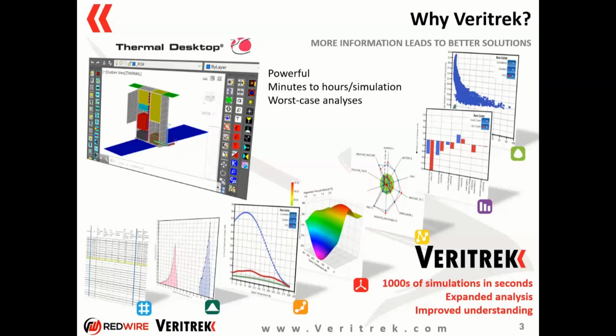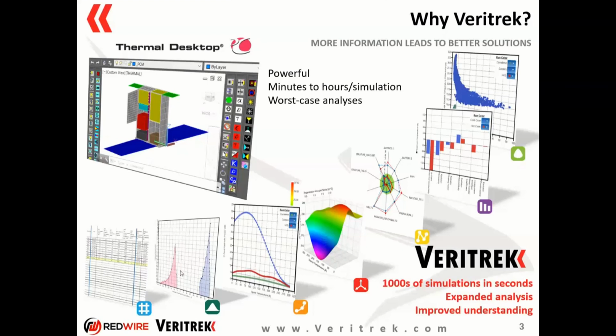We can do things like response surfaces, which we see a picture of here in the middle. Going from the bottom left up to the upper right, these are all different analysis types that are included in Veritrek. The bottom left is basically an Excel plotter, or an Excel-like table. We also have uncertainty quantification, shown there next.